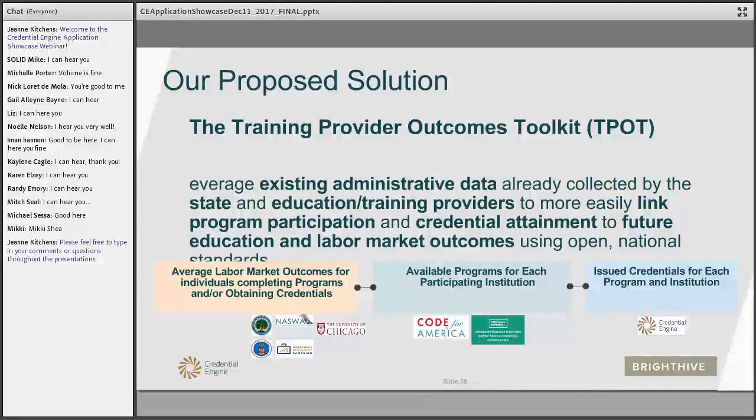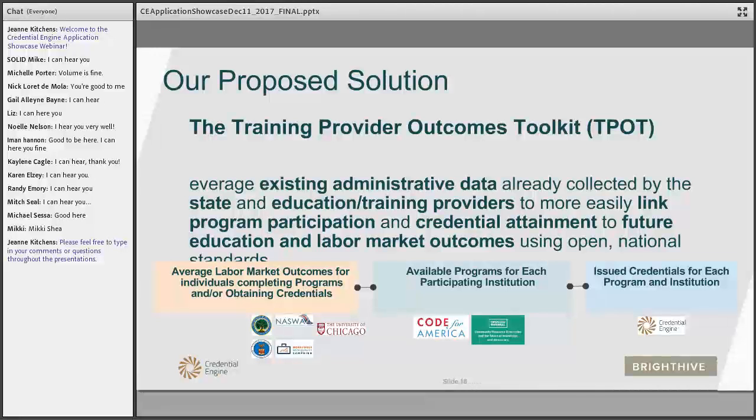We've done that by essentially aligning three main efforts. One is an effort to create average labor market outcomes for individuals completing programs by obtaining credentials, through a multi-stakeholder effort with the Department of Labor and NASA and WDQC and the University of Chicago.